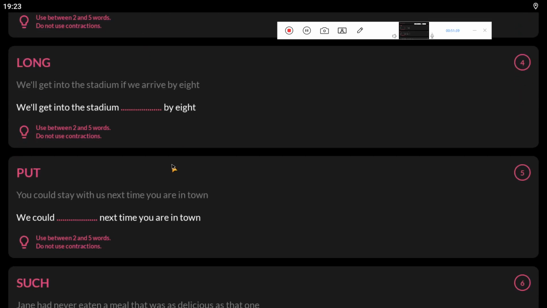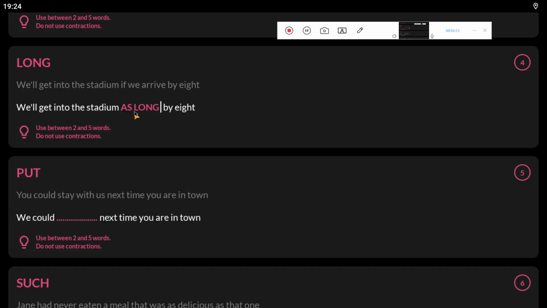The next one, please. Adela, please go ahead. We'll get into the stadium if we arrive by 8. Okay, we have as the keyword long. I don't know if you remember this one, but we learned it. We will get into the stadium as long as, siempre y cuando.